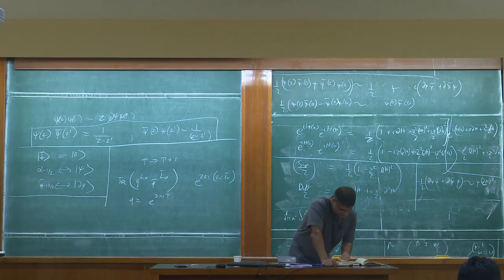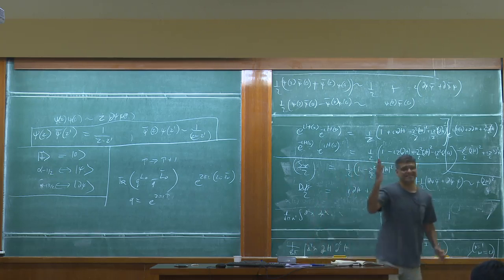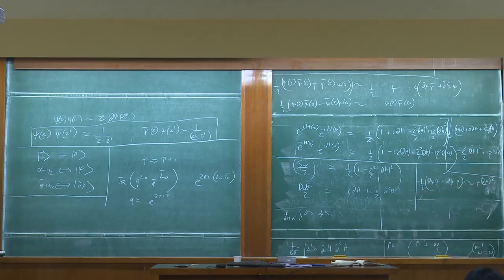Let me just check the stress tensor. Yeah, you're right, it's half, or maybe minus half. Okay, can I leave this as an exercise for you to check the right factor of 2?